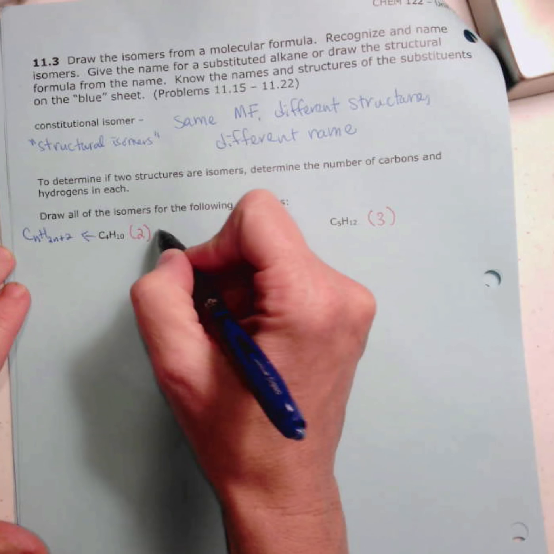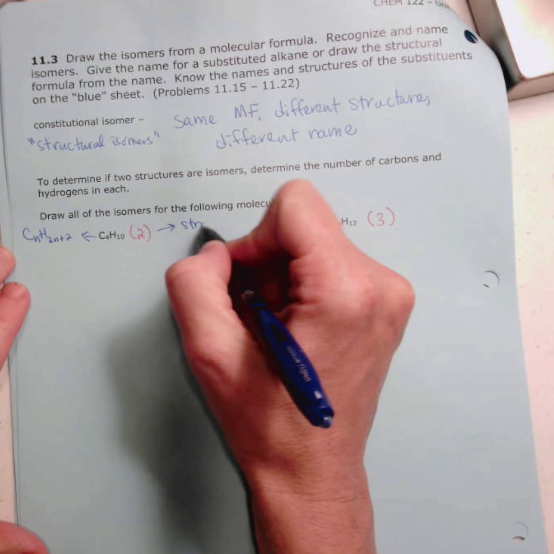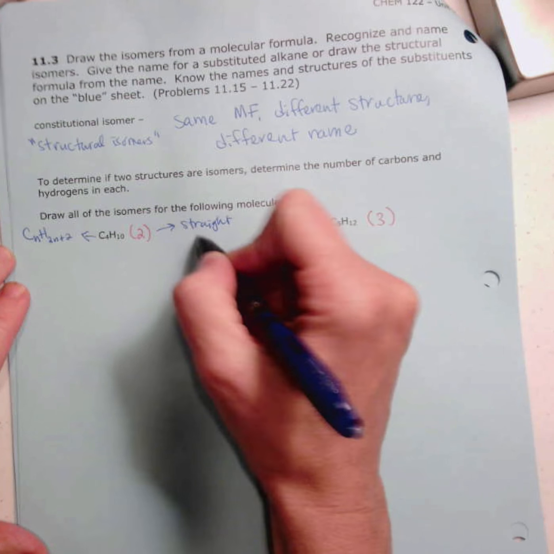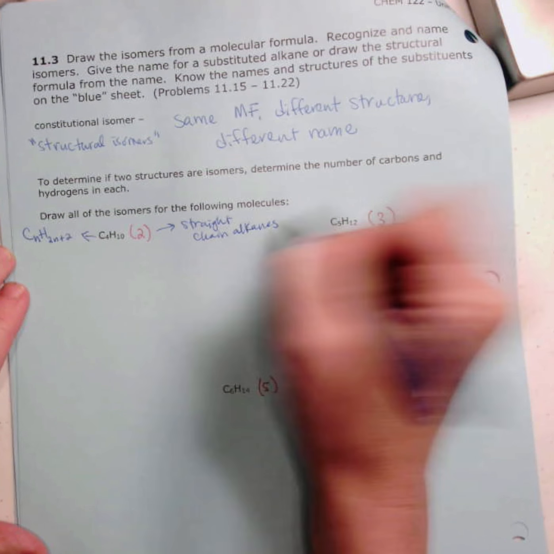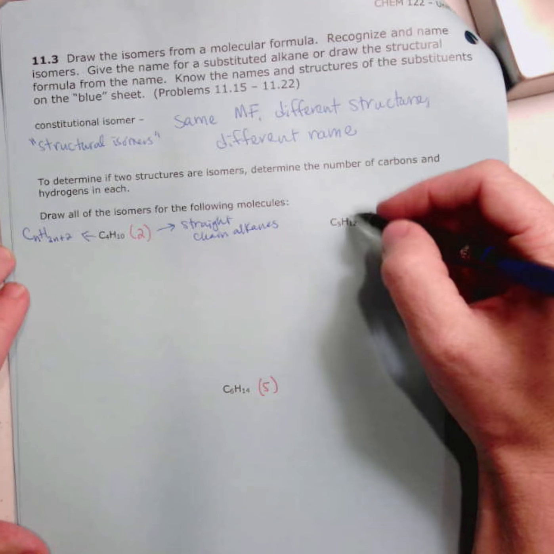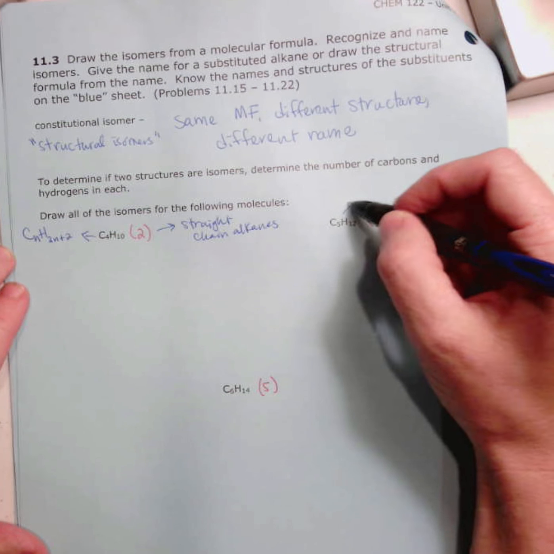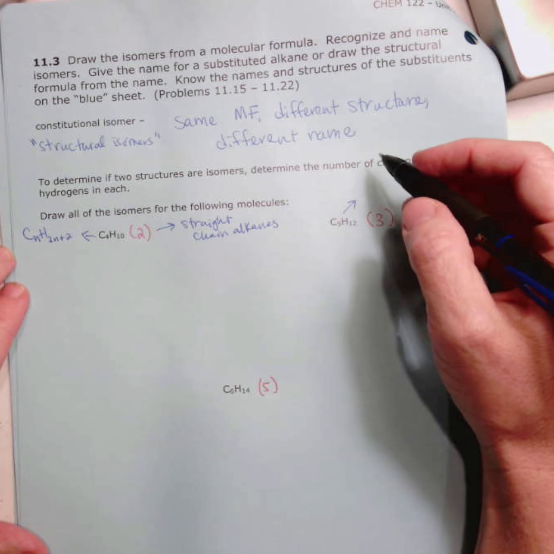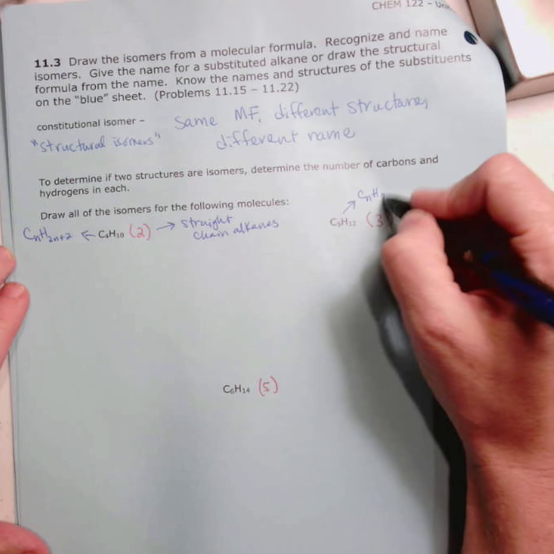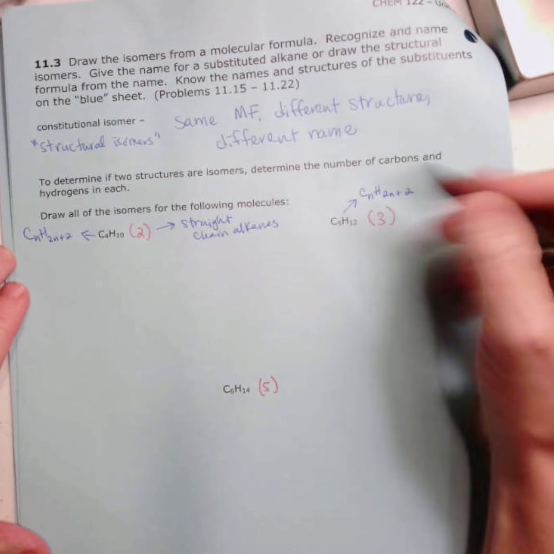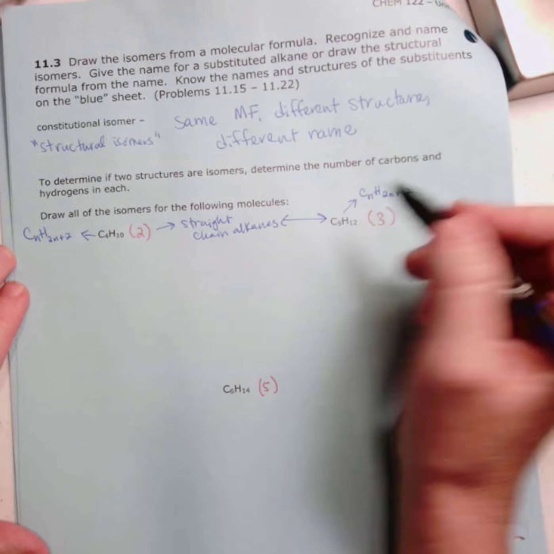So what this tells me is these are straight chain alkanes. Okay, let's check this one, C5H12. So 2 times 5 would be 10, plus 2 would be 12. So yes, this adheres to this as well.